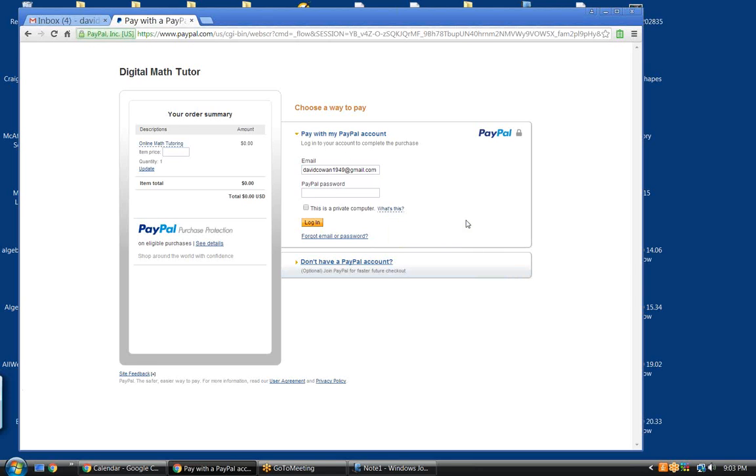Now, this information over here, obviously, I don't get. This is a separate window that PayPal opens that allows her to put in her PayPal password, and that's all she does, and that makes the payment of whatever amount she's put in there. If she wants to pay every time, that's fine. If she wants to pay every couple sessions and pay 32 instead of 16, that's fine also.